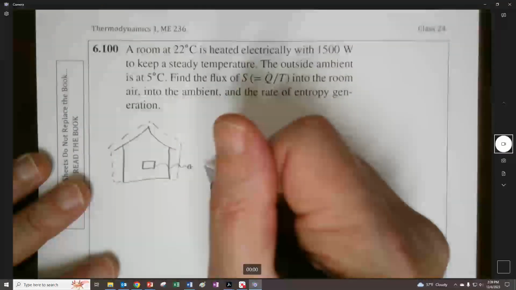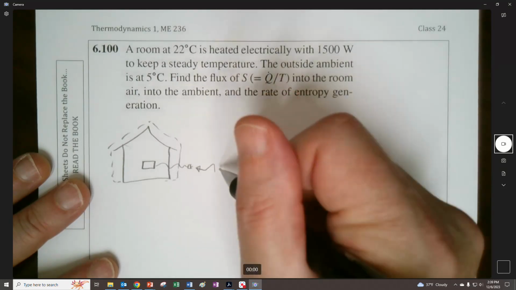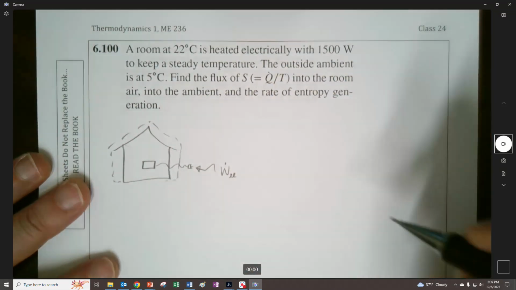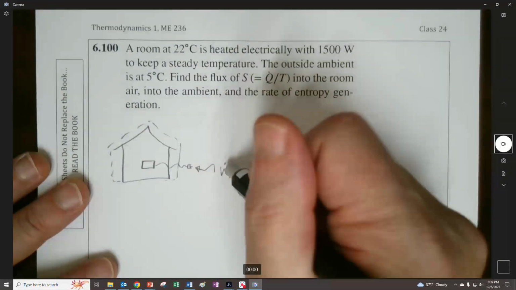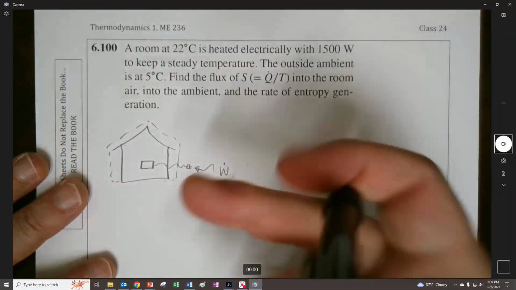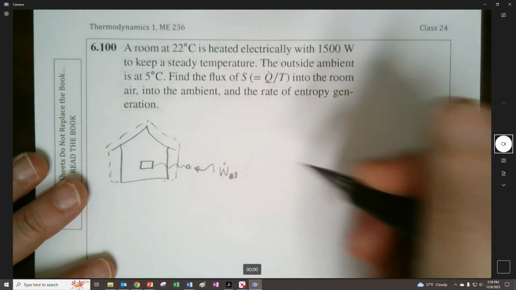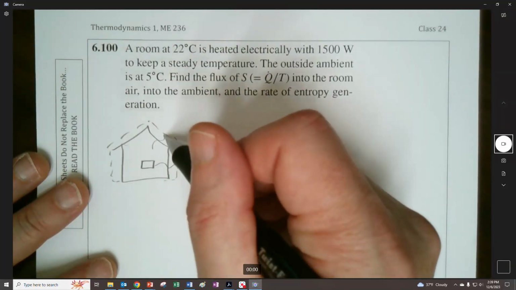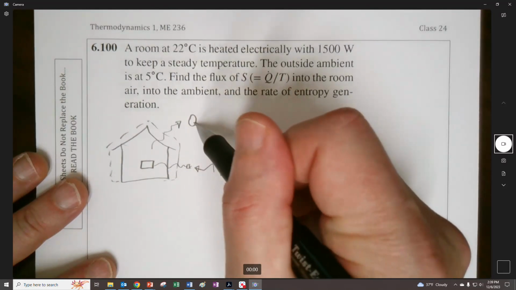So we're going to have a rate of electricity, that's supposed to be E dot EL. It doesn't look like EL, does it? Okay, electricity coming in, but we're also going to be losing Q out.